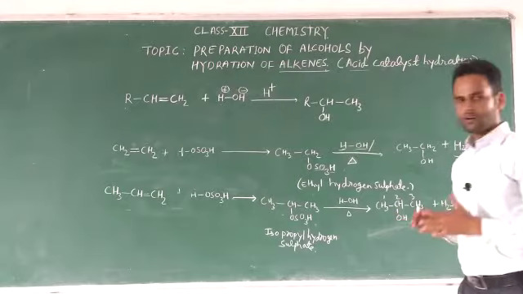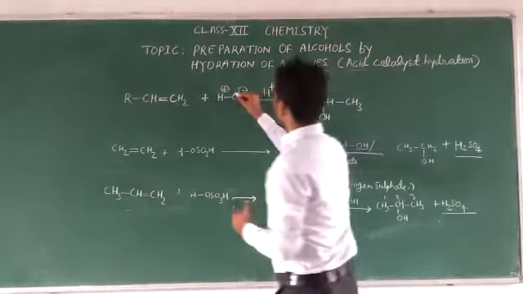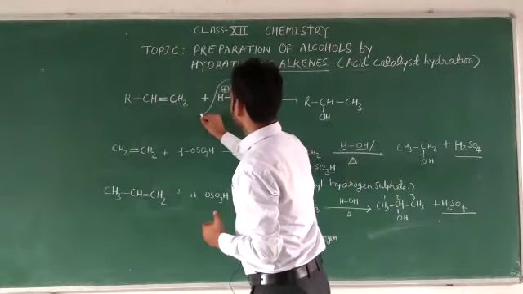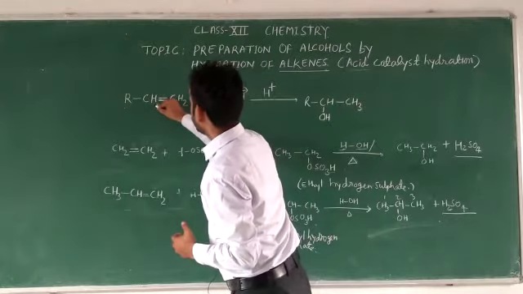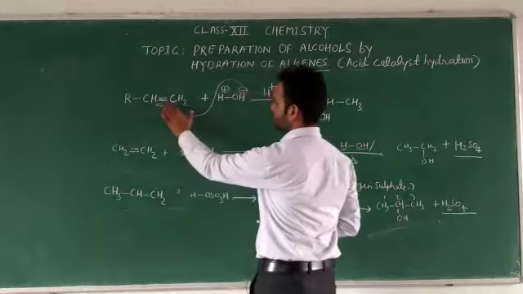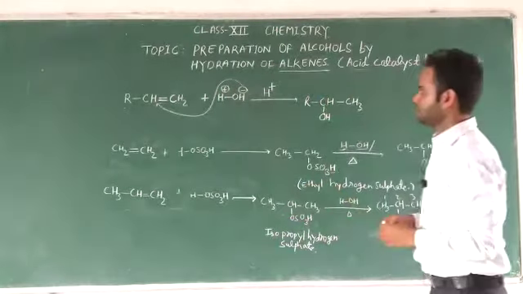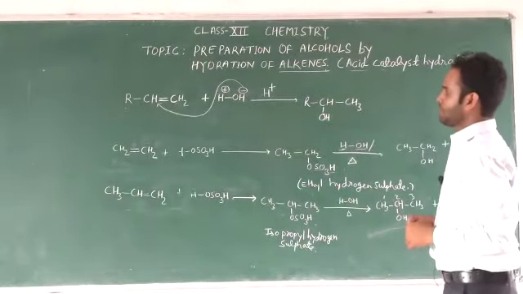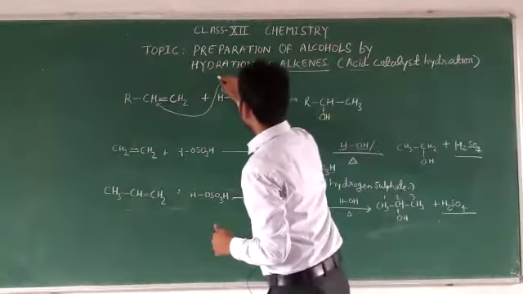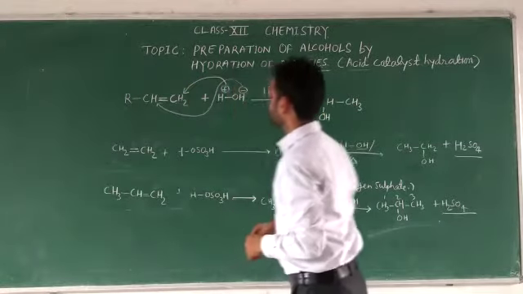As per Markovnikov's rule, the negative part of the reagent will attach to the double bond carbon atom on which the lesser number of hydrogen atoms are attached, and the positive part will attach to the other carbon atom.